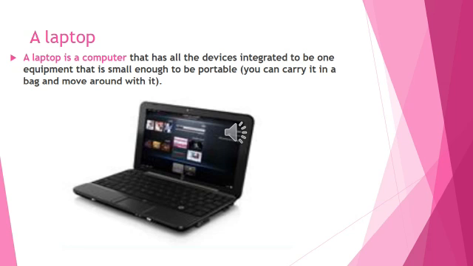It doesn't have a separate keyboard, a separate mouse, a separate monitor, or a CPU. No, it is just one device. The main advantage of a laptop is that it is portable. By portable we mean you can carry it around, and it's called a laptop because you can place it on your lap. Maybe you go somewhere where you don't have a table, you can position it on your lap and do your work from there.